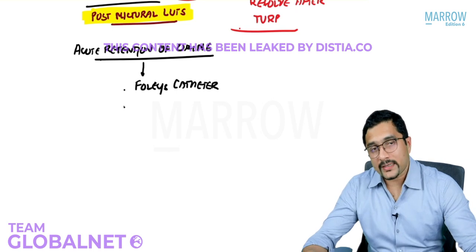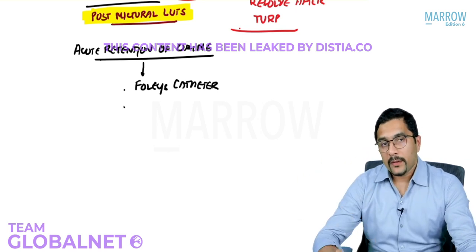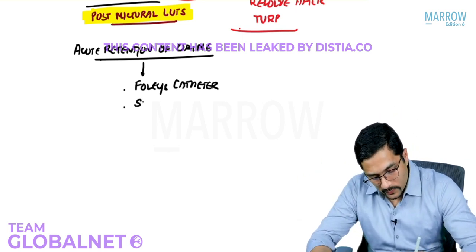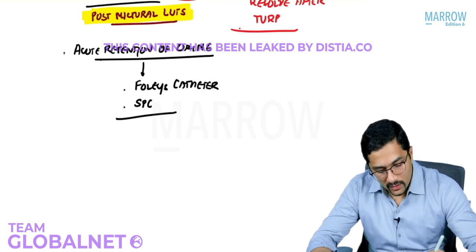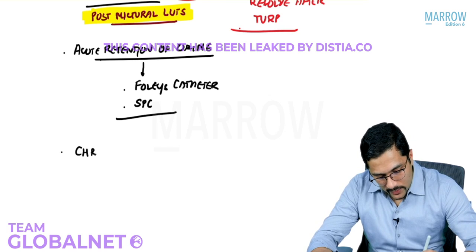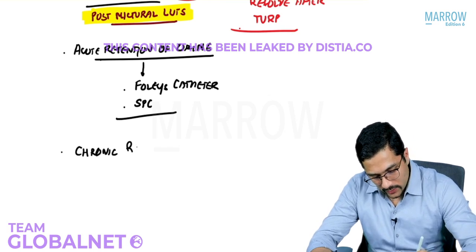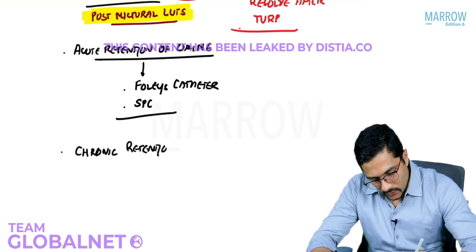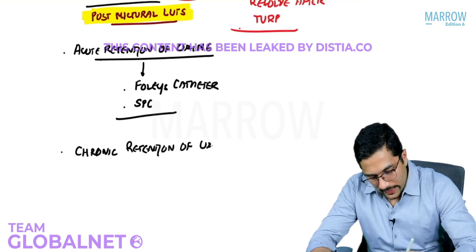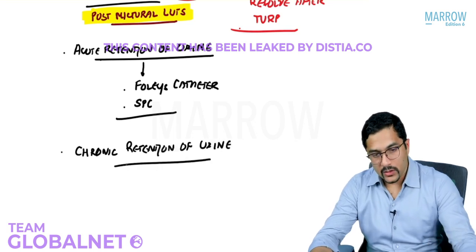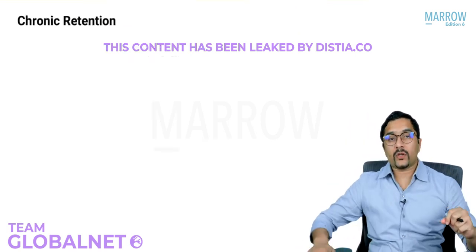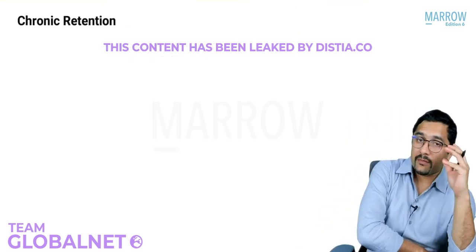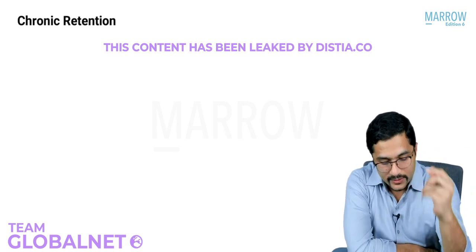We've discussed Foley's catheters in the chapter on bladder disorders. Or we do an SPC, a suprapubic catheterization. But there is another term known as chronic retention of urine. What exactly happens in chronic retention of urine is what I want to discuss. And the management is also very important because this can be asked as a clinical scenario.